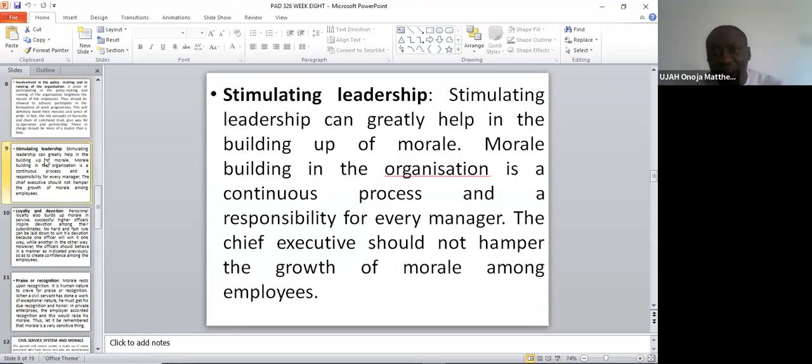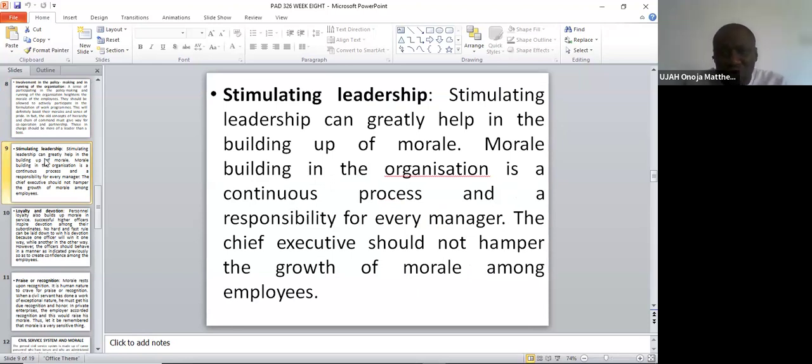Stimulating leadership. Morale building in the organization is a continuous process and a responsibility for every manager. The chief executive among employees. So, in as much as there should be strict supervision, there should be rules and regulations to guide the conduct of affairs in an organization.